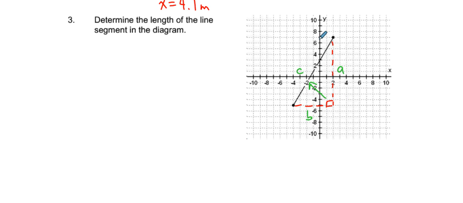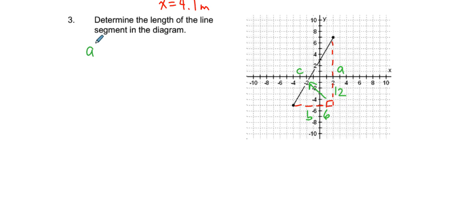So because my scale is going up by 1, each box is 1. So 1, 2, 3, 4, 5, 6, 7, 8, 9, 10, 11, 12 units high, and 1, 2, 3, 4, 5, 6 units across, or width.